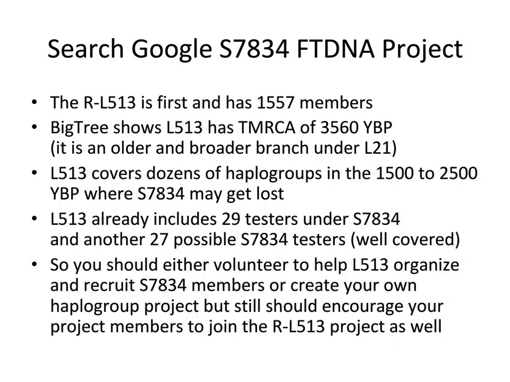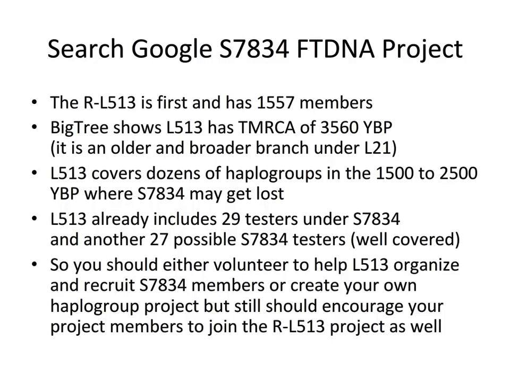So we do a Google search for S7834 and it comes up first as L513, which has 1,557 members, which is obviously a very big project. If you look at the big tree, that's 3,500 years old, which is way too old for any kind of charting. You're going to have lots of different signatures, probably 10 to 20 major haplogroups underneath that.